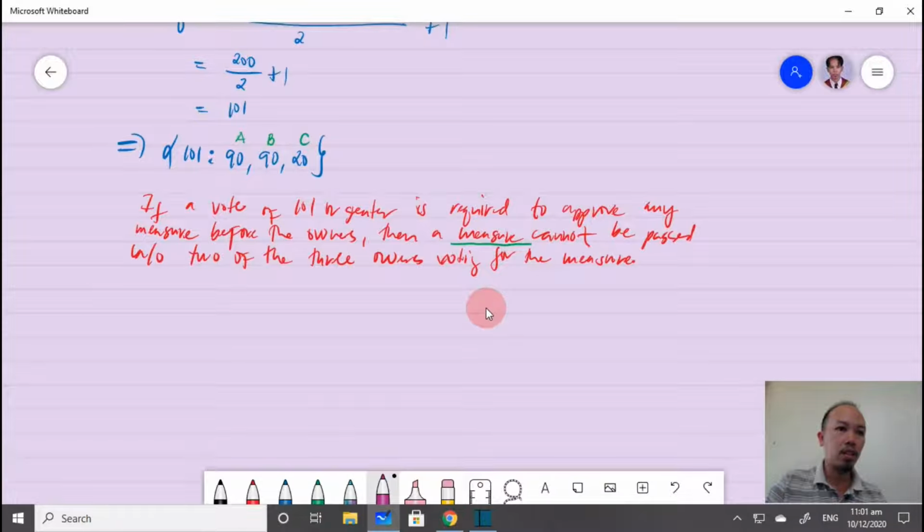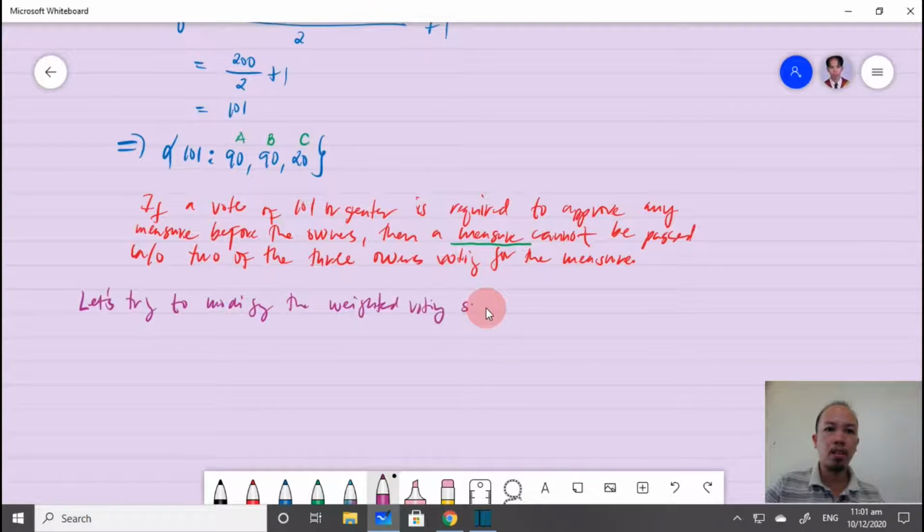So let's try to modify the weighted voting system above.